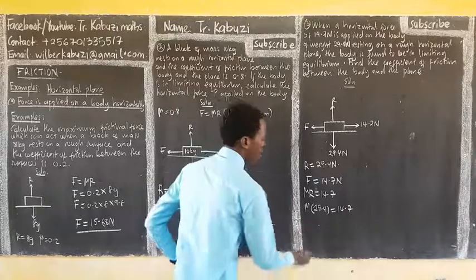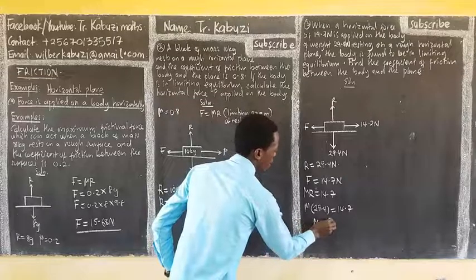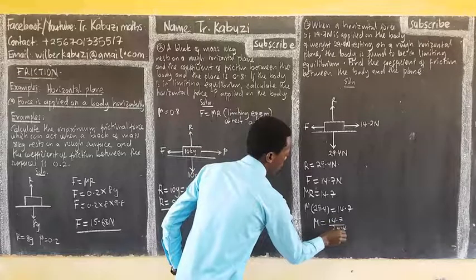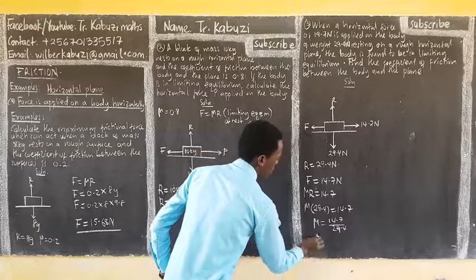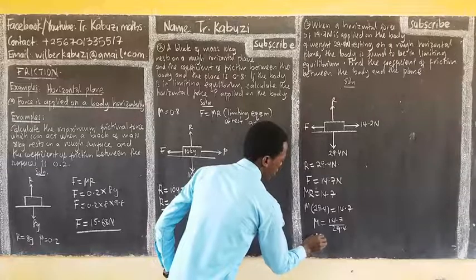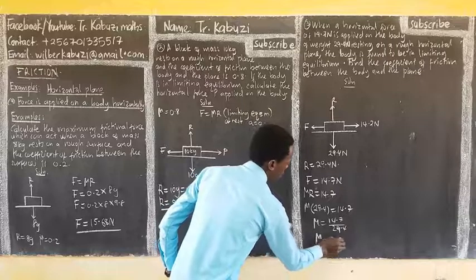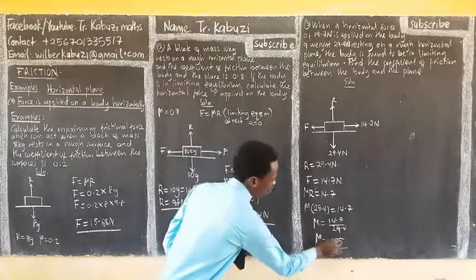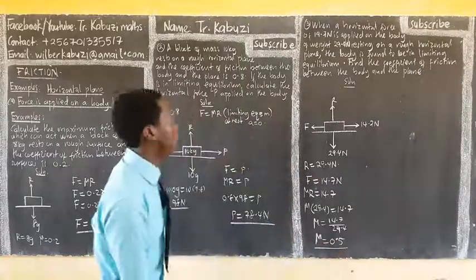Then from there our mu will be 14.7 over 29.4, and our mu is going to be 0.5. Mu is a ratio, so you don't expect any units.